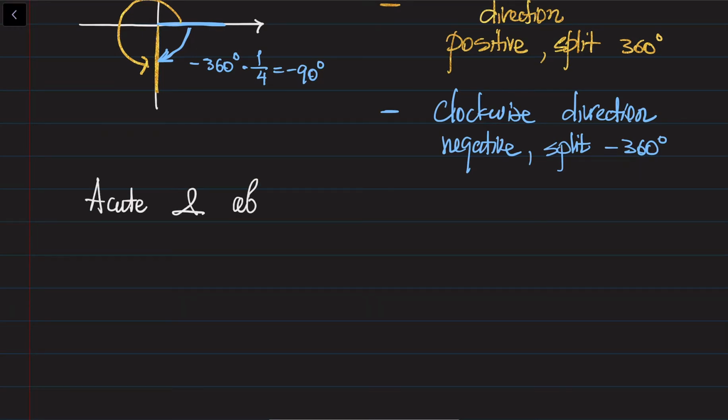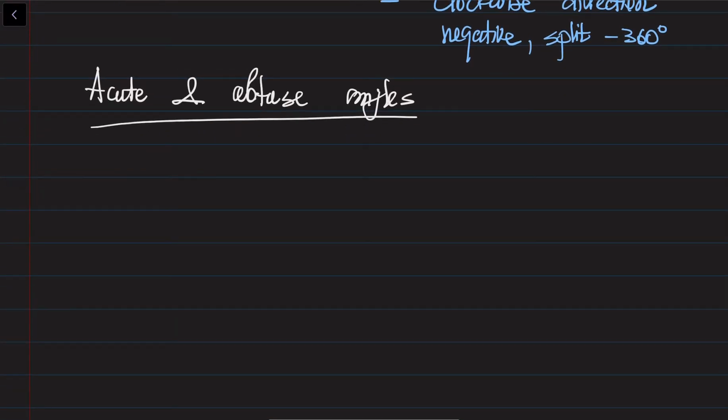Acute and obtuse angles. So this is just a definition of some angles. Every time the angle is between 0 and 90 degrees, this angle is going to be called an acute angle. So let's say again I've got x and y.